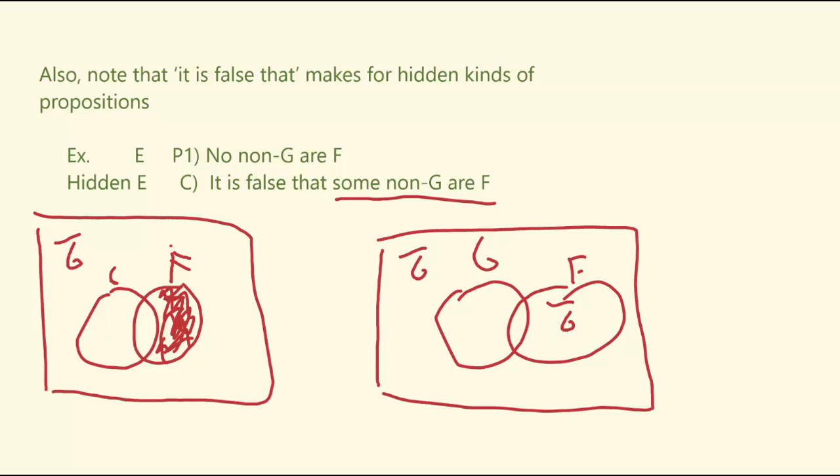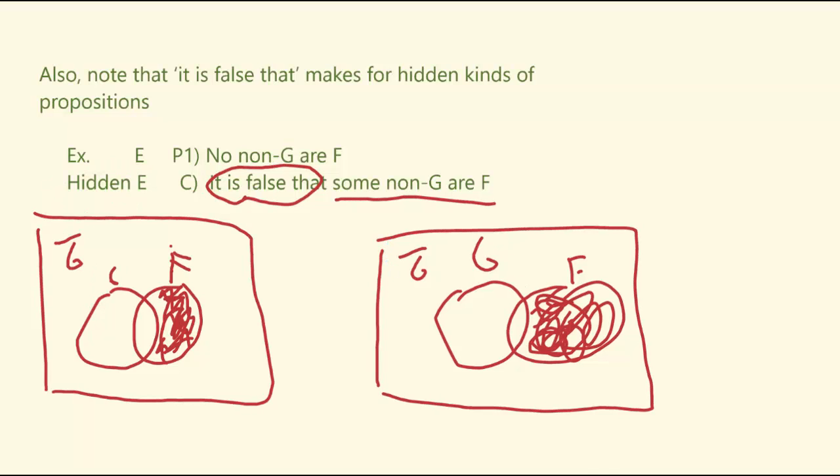But then we recall that, oh yeah, we're saying it's false that, so we have to do the opposite of putting an X. And so we shade out area 4. So really, it is false that some non-G are F really is the same thing as an E proposition. It just doesn't look like it.